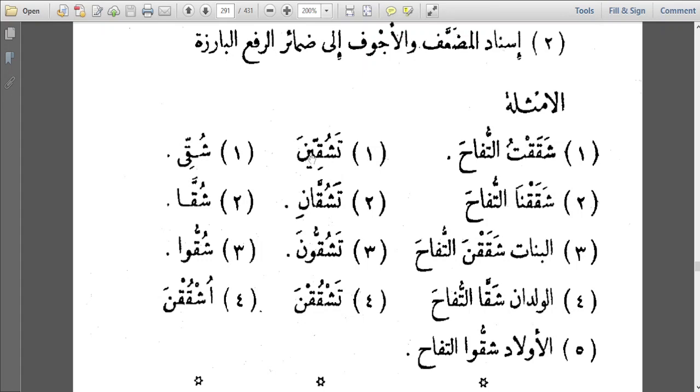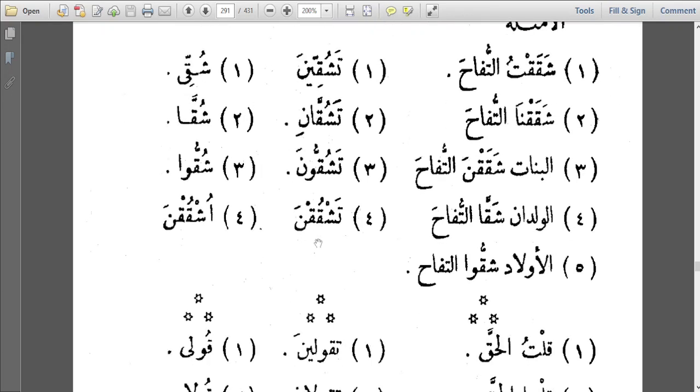So here you have the yai of tashukkina being the domir al-rafu. Tashukkani, the two of you, that is the alif still is the domir al-rafu. You two are cutting into pieces. Tashukkuna, you are cutting into pieces, plural. Antum, you plural.